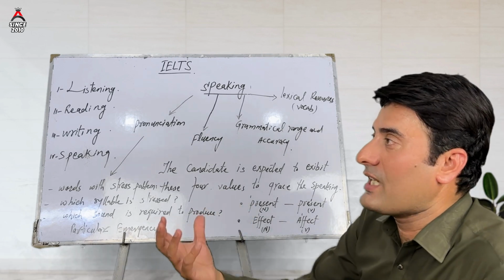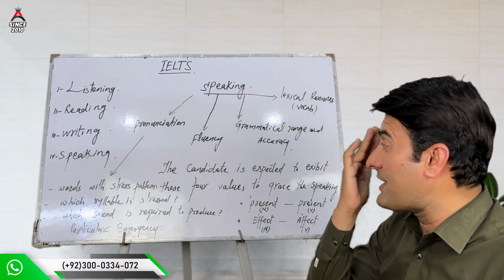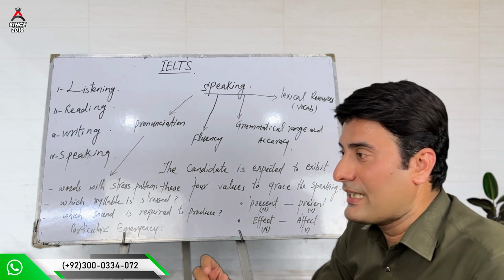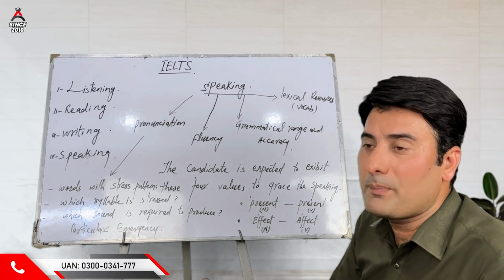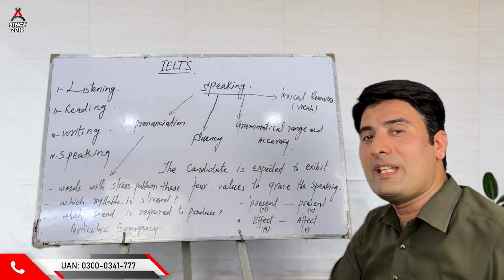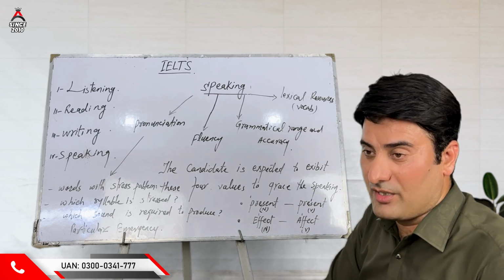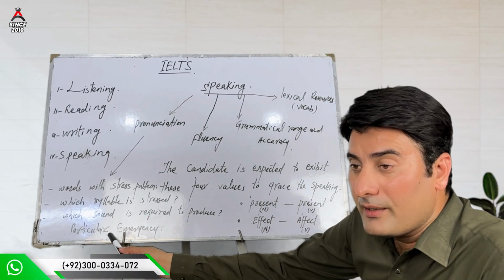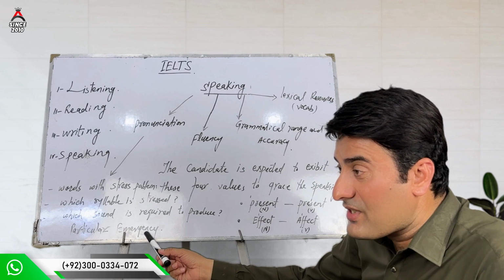Sometimes we produce a sound incorrectly. For example, commonly we say Saturday, where in fact the cha sound is not pronounced in RP. RP means received pronunciation. It is called Saturday.